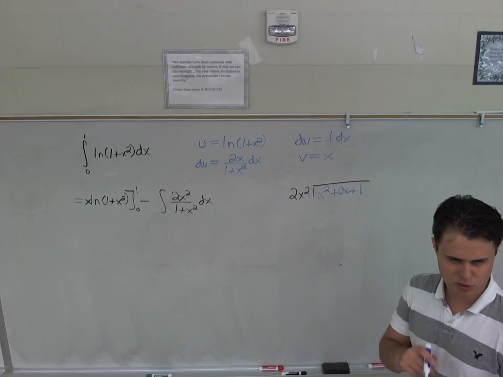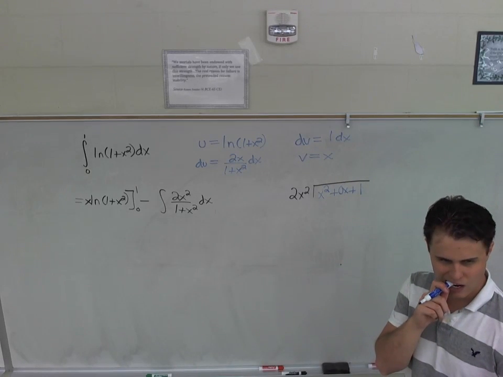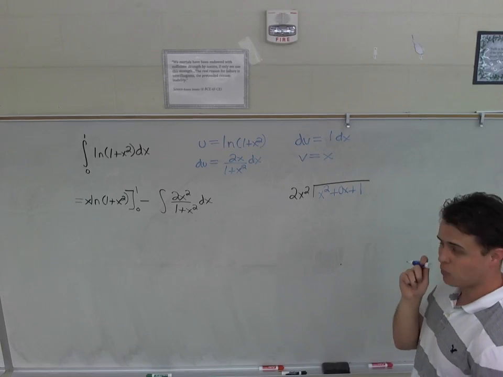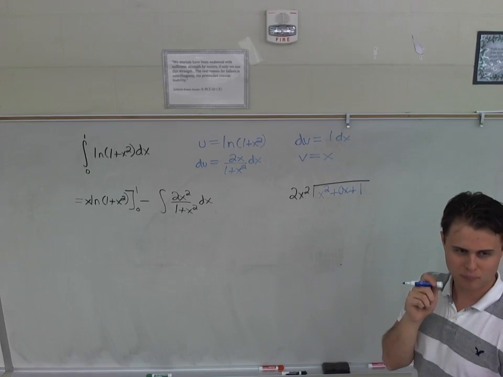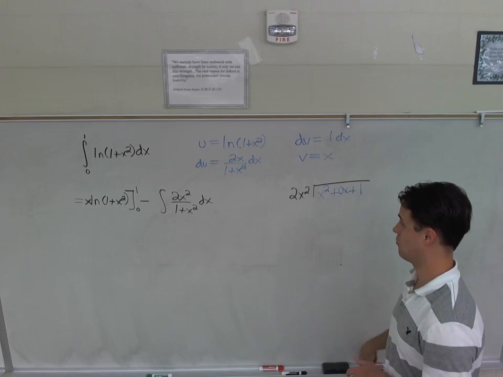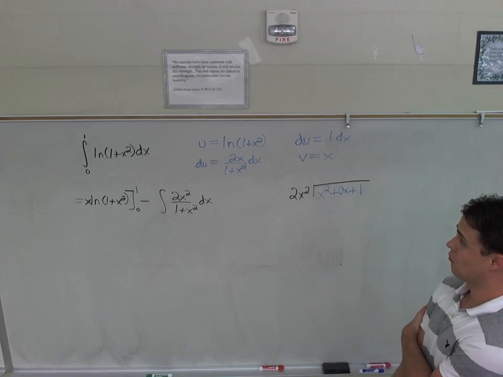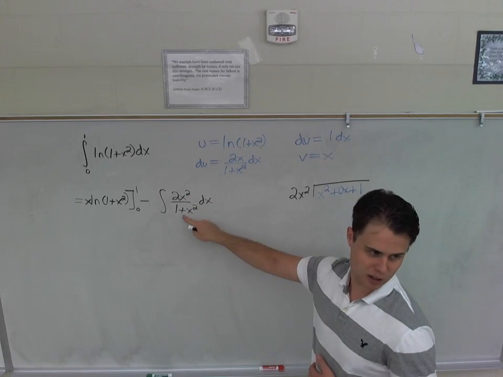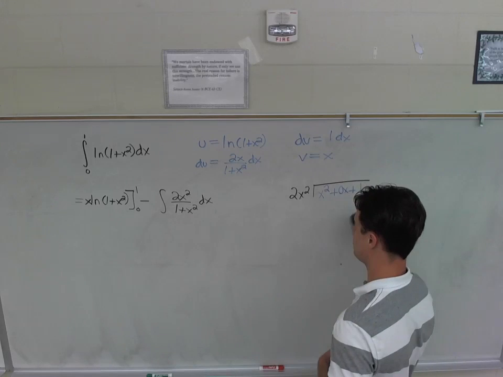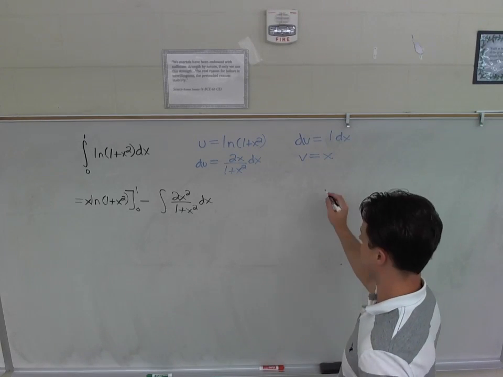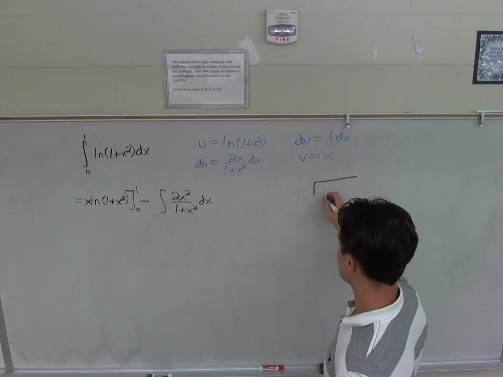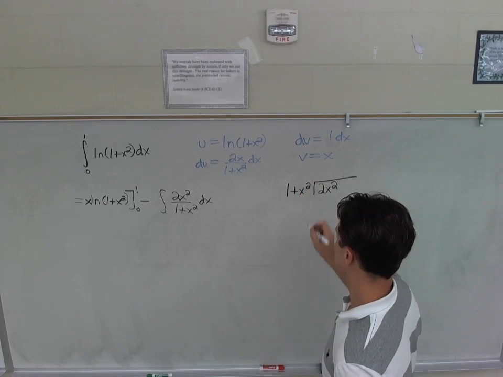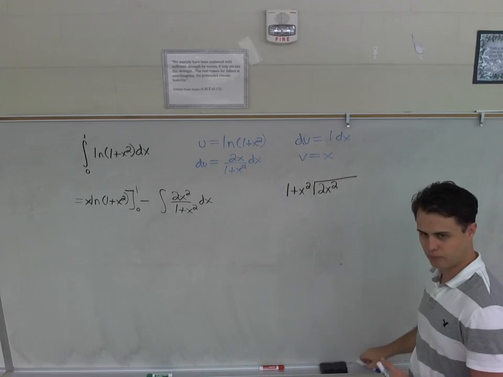I think I've got it backwards, don't I? You guys tell me. Which thing should be dividing what? So we're trying to divide this guy by this guy. I think I'm backwards. Oops. So, dividing this guy by this guy. There we go. That works.